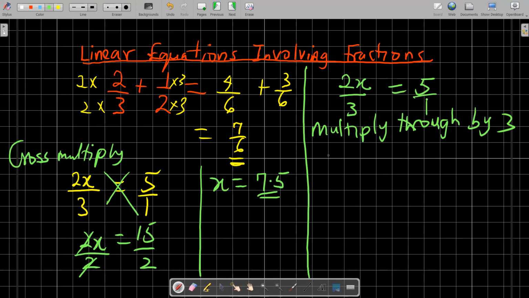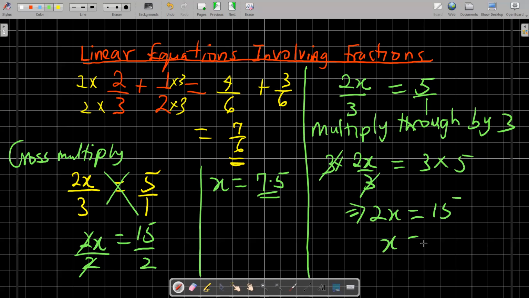So if you do this, 3 times 2x over 3 is equal to 3 times 5 over 1. This 3 will cancel out. Then you have 2x equals 15, and therefore x is equal to 7.5. You can see, whichever way you choose to do this, you will always get the same answer. So those are the two basic ways.